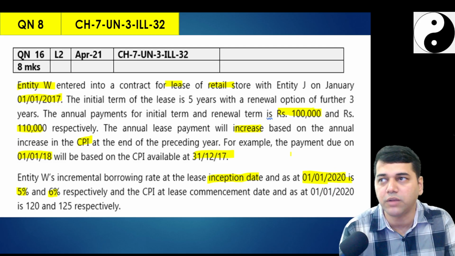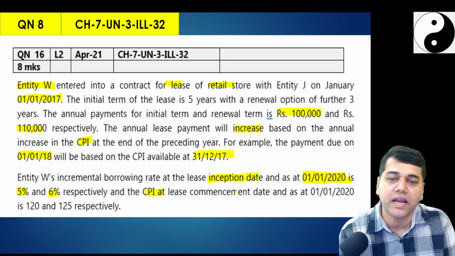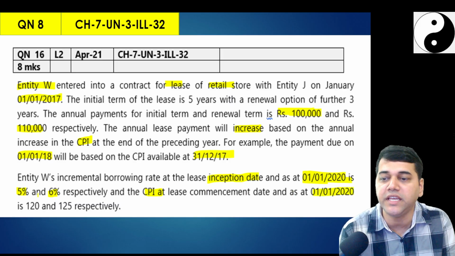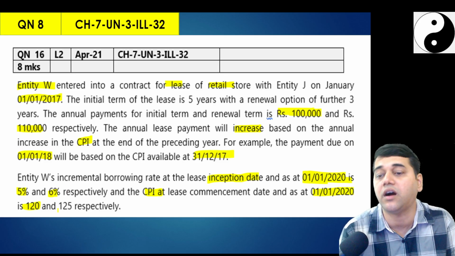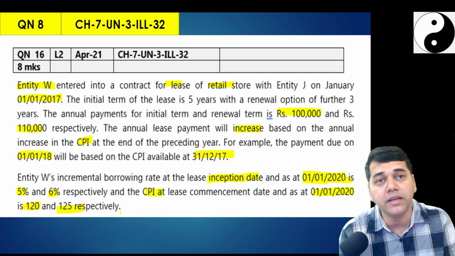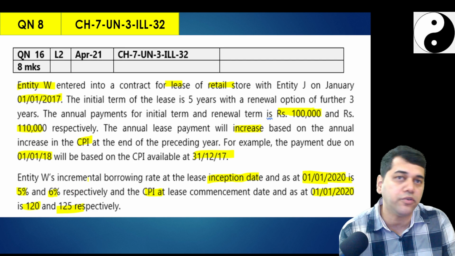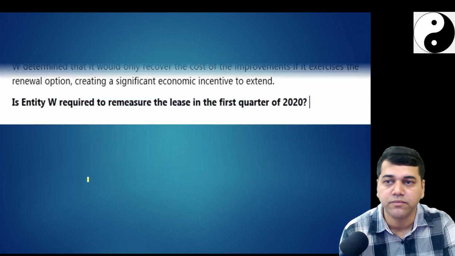That's why they give you one more value now. And the CPI at the date of commencement is 120 and on this date 125. So, what must have happened? The variable interest was there, no? The CPI didn't change only. And on this date, the CPI changed. So, your lease rents are also going to change now.